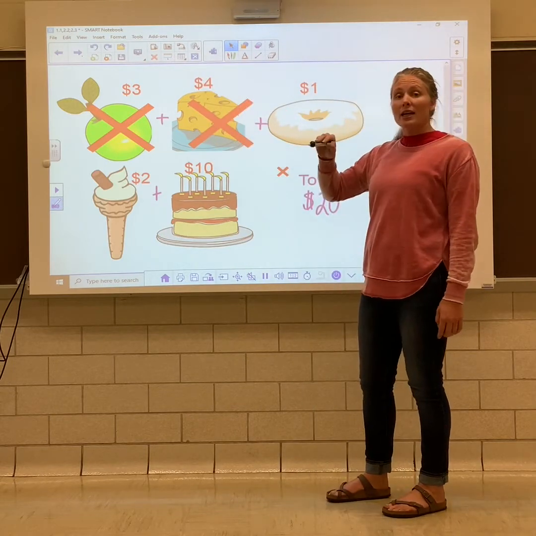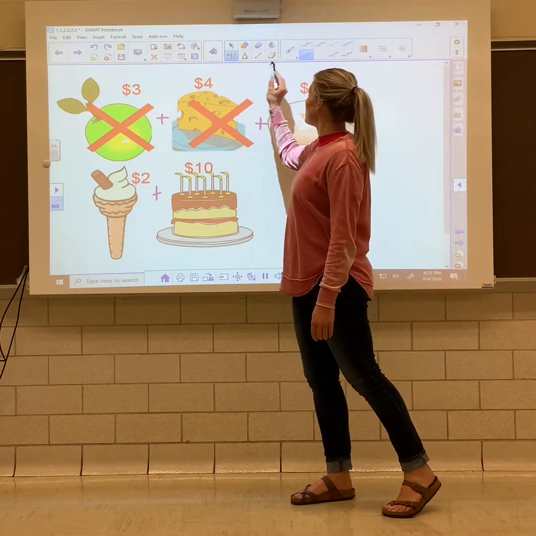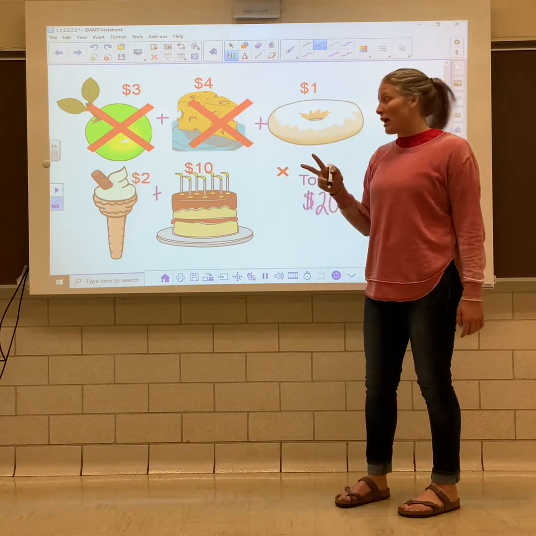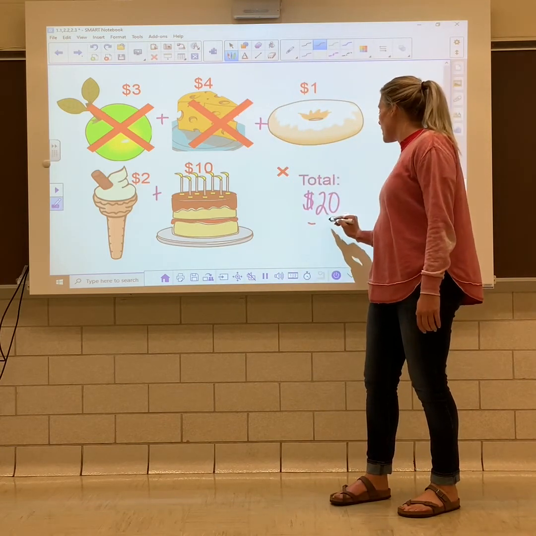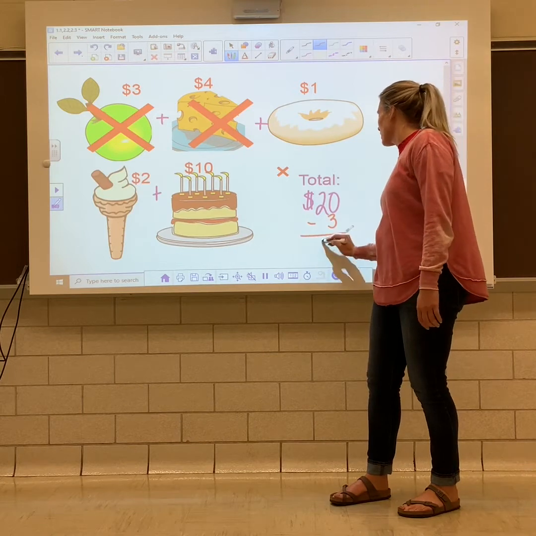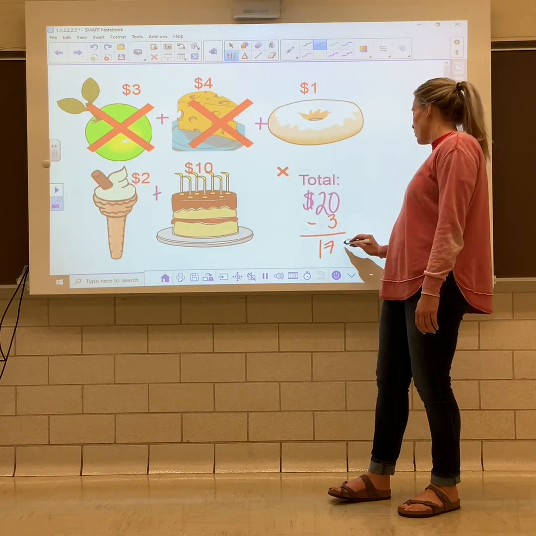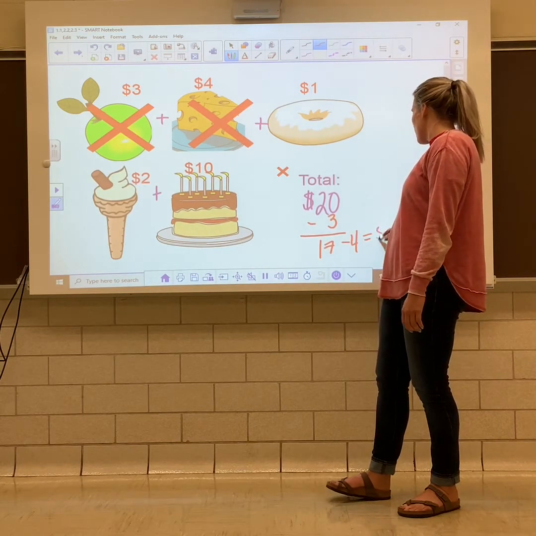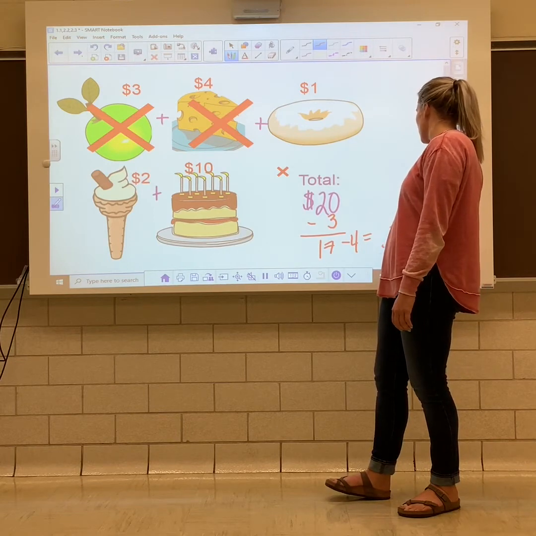If we take these two items off of our bill, in order to undo that, we subtract. So we take off the $3, and then we take off the $4 to get our bill lowered to $13.